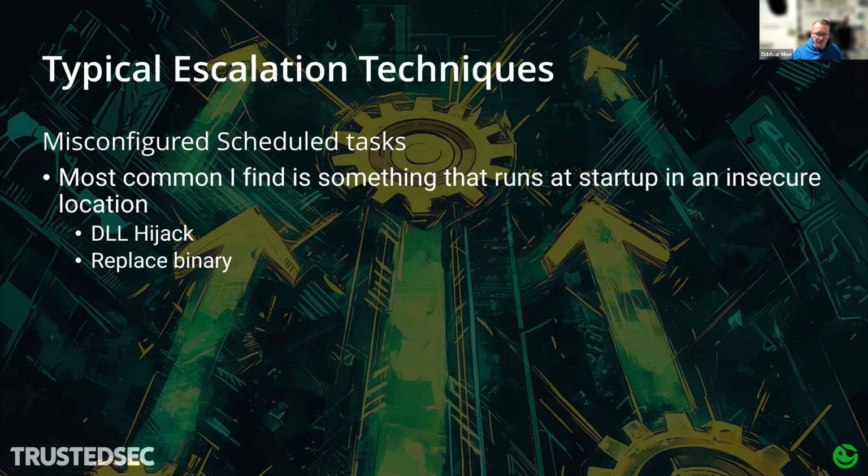It turned out that at startup of the system, there was a task that ran a binary in this location, and the binary itself was vulnerable to DLL hijacking. So I could just place a DLL next to the binary, and I could get code executed as SYSTEM. That is a typical attack that is super interesting to me.